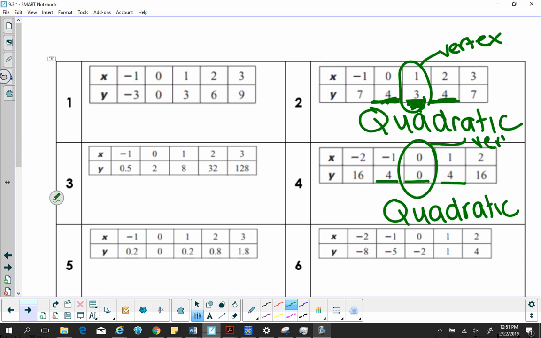He said, that would be my vertex. Divine, what's the other one? Number 5. What's your vertex there? 0, 0. It's the bump. Look at your y and the pattern.